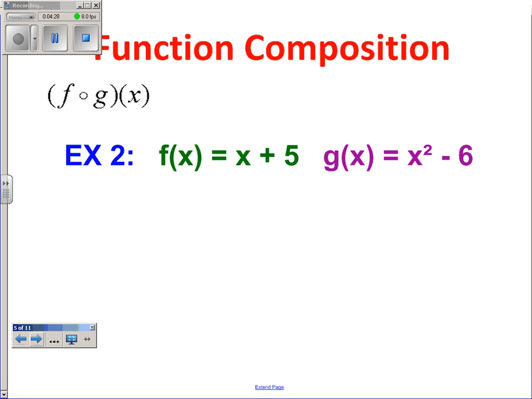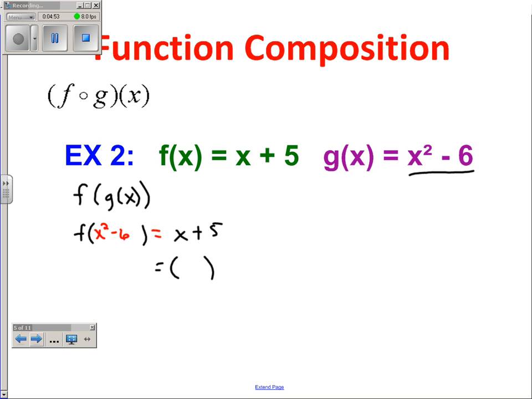So number 2, first thing I want to do is rewrite without the composition symbol and just parentheses. I'm going to put in x squared minus 6 in place of g of x. And that's going to be equal to f, which is x plus 5.